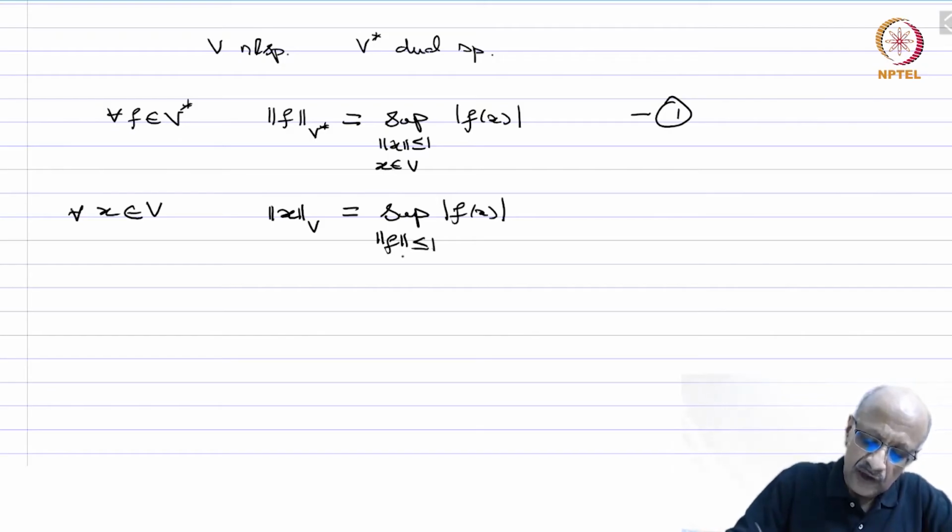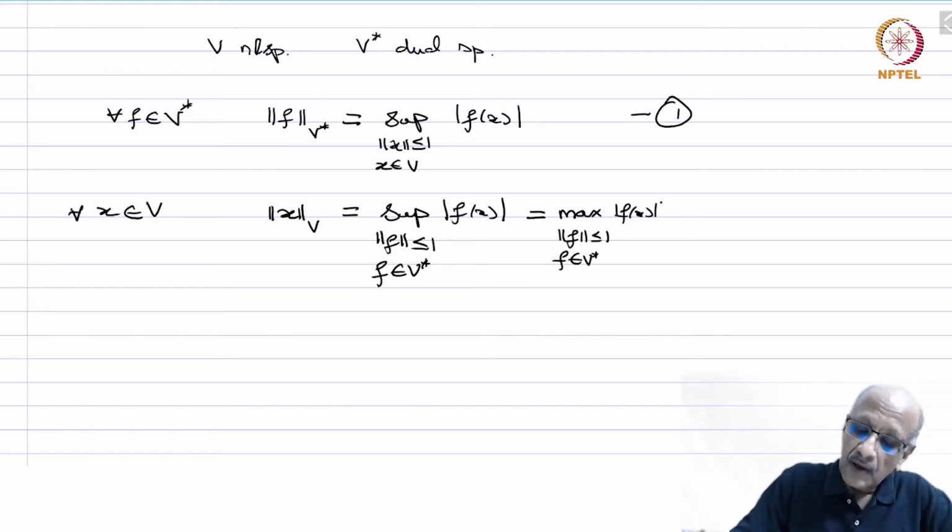So this x is in V, f is in V star, so I won't put the subscripts, and in fact this is equal to the max over norm f less than or equal to 1, f in V star, of mod f x. Let me call this relation 2.